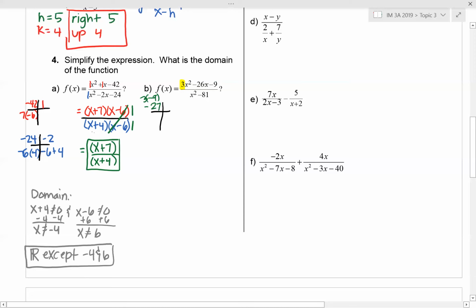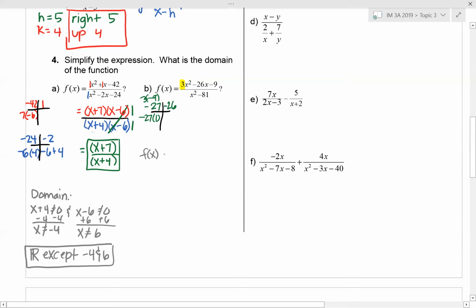And then we need those numbers to add to b, which is negative 26. And so that means that we need to use negative 27 times 1, because negative 27 plus 1 is negative 26. So I'm just going to write this factorization here, and then I'll put it back into the fraction down below.